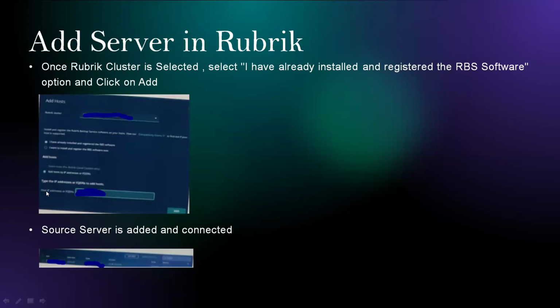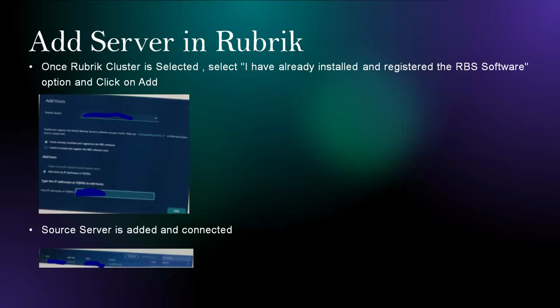This time we will get the option to add a Linux host. Here we can give the host name or IP address. If there are any Oracle databases on those Linux hosts, then we will get one more option that we have to enable to provide the database information.